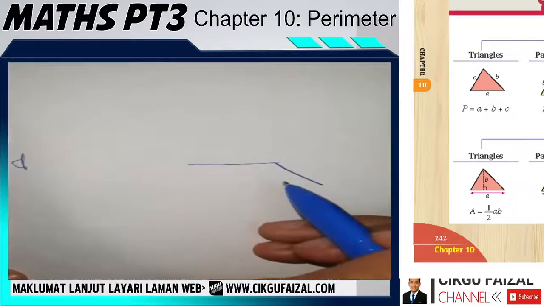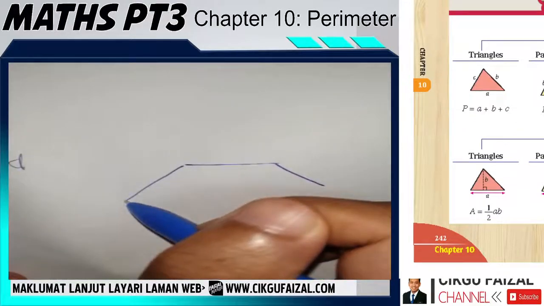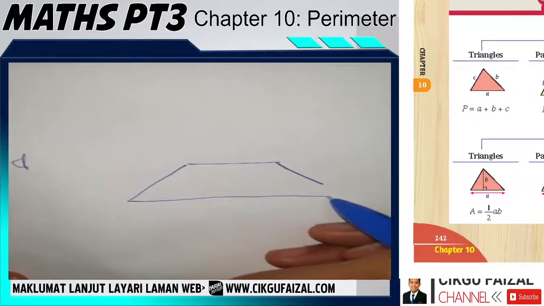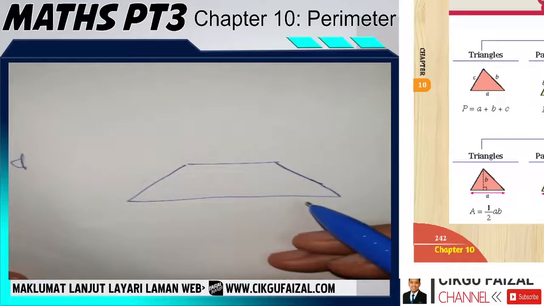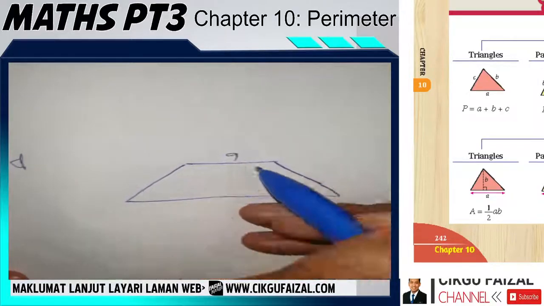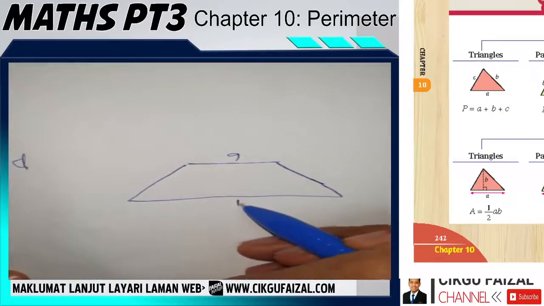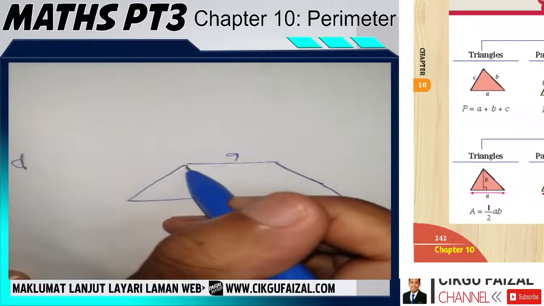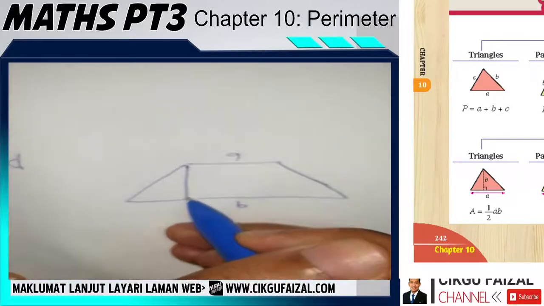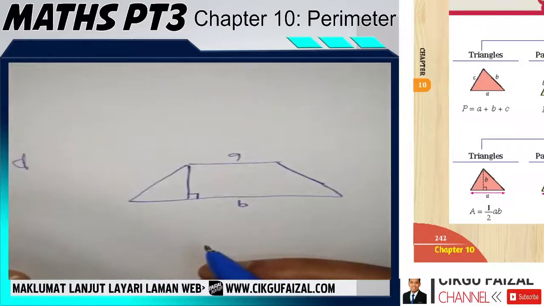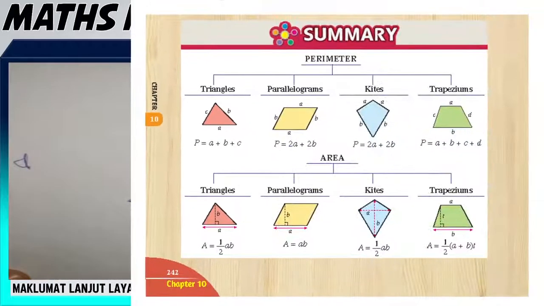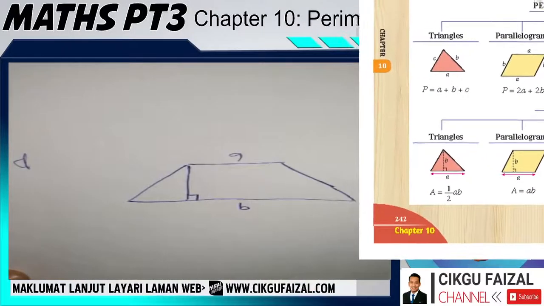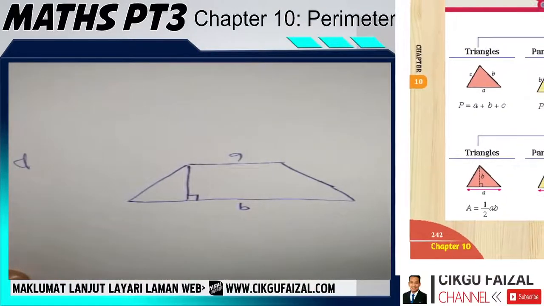Trapezium usually consists of upper and lower base. This is upper base. This is lower base. And what is most important is the height of the trapezium. We should know the height for the trapezium in order to calculate the area for trapezium.